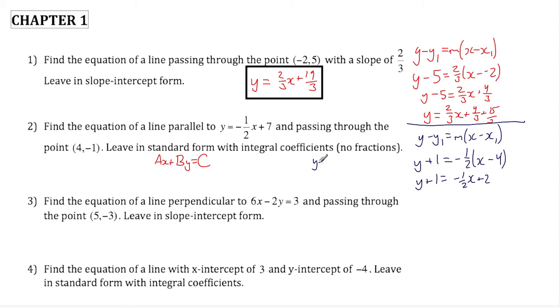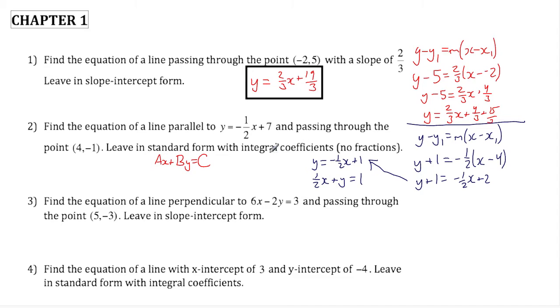So we get y equals -1/2 x plus 1. Now we want to get it in ax plus by equals c, so the x is going to be on the other side. So we get 1/2 x plus y equals 1.